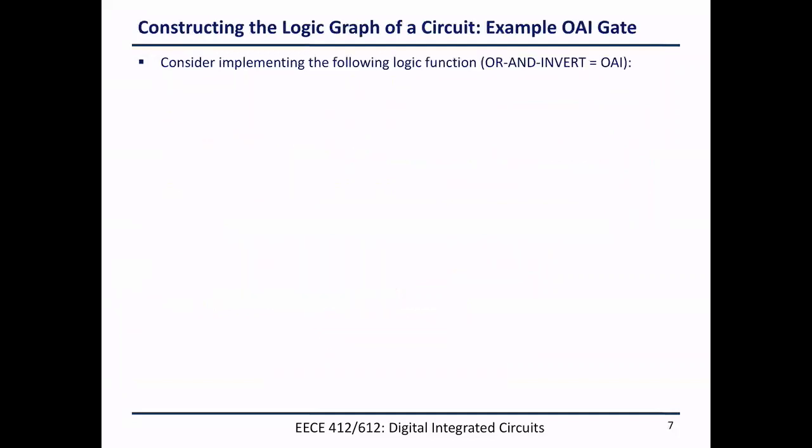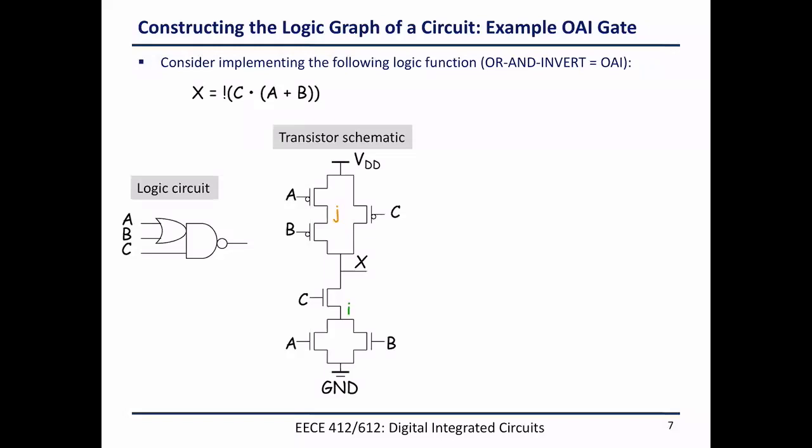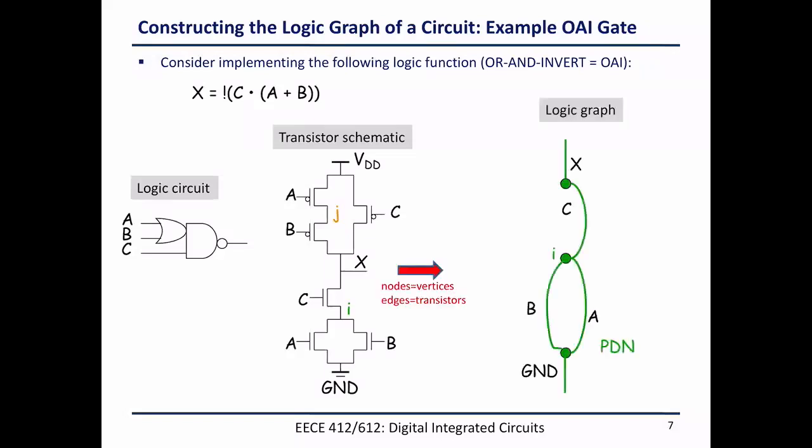Okay. Now he is telling us that if we have an OR and invert gate, like not C into A or B, which is what we just took. Okay, so this is the logic circuit and this is really how we draw it, and he's showing you how you make the graphs, but we don't need that because we can easily see that this is an edge and that this is another edge and this is another.